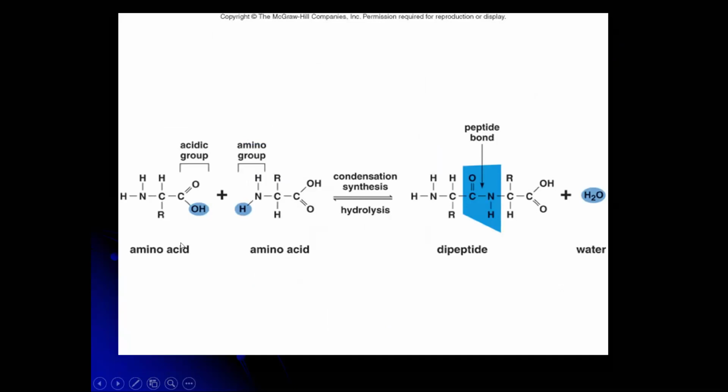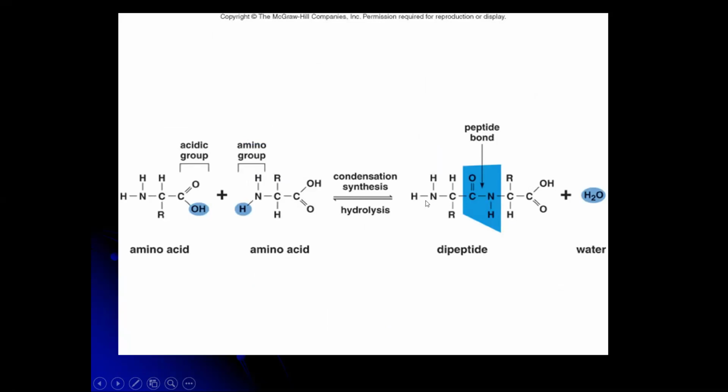Okay, this little drawing here, this is just how two amino acids can form a simple protein, a simple dipeptide. It's what's called a condensation synthesis. You get these two, the hydroxyl group here and the hydrogen here are going to be released, and a bond will form between this nitrogen and this carbon, right here.